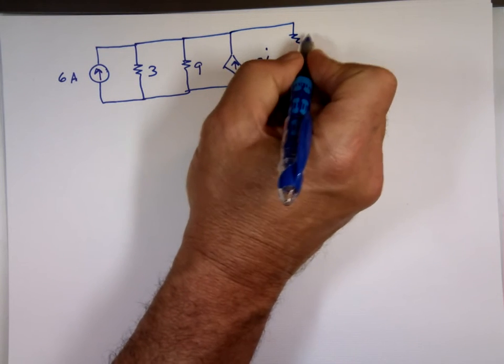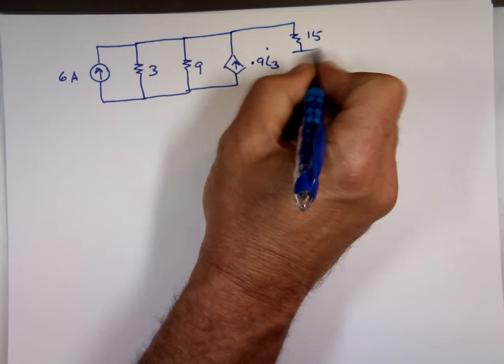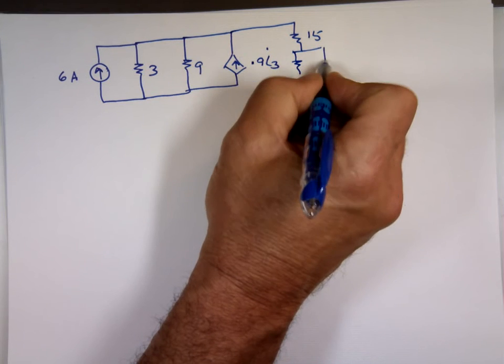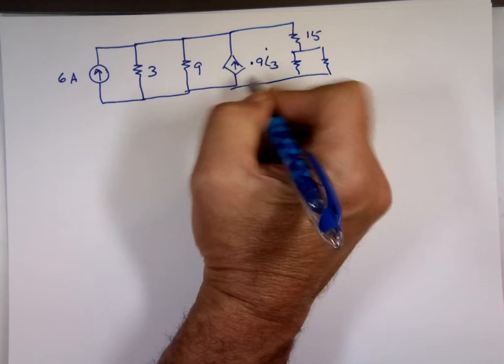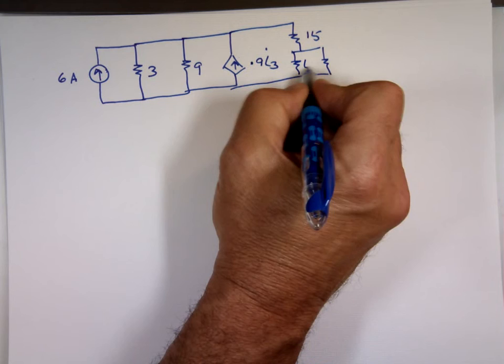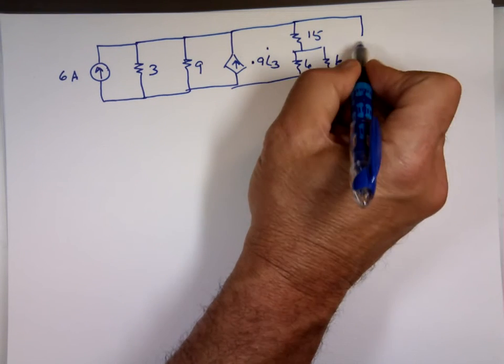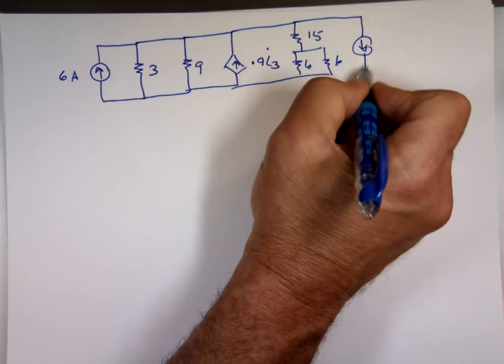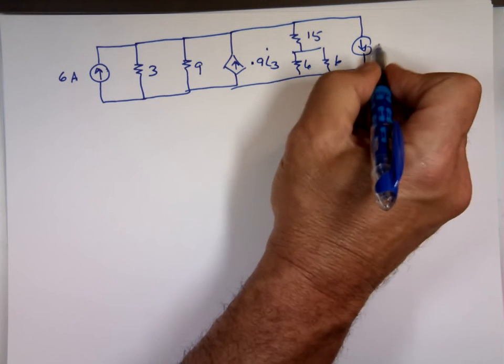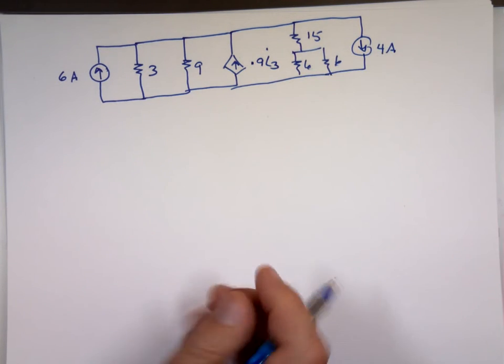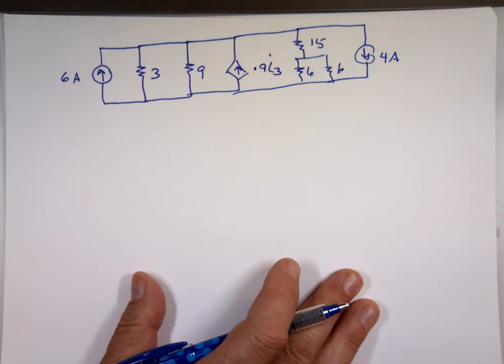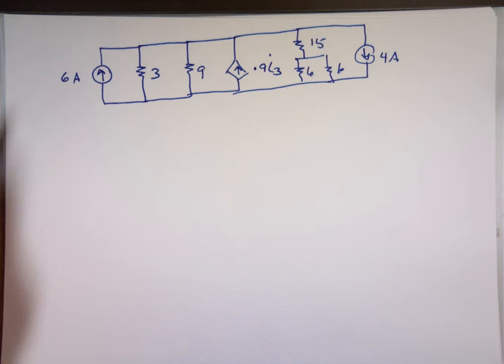15 ohms split here to 6 and 6. And 4 amps. The question: can you tell me what the power and the voltage of the dependent source is?